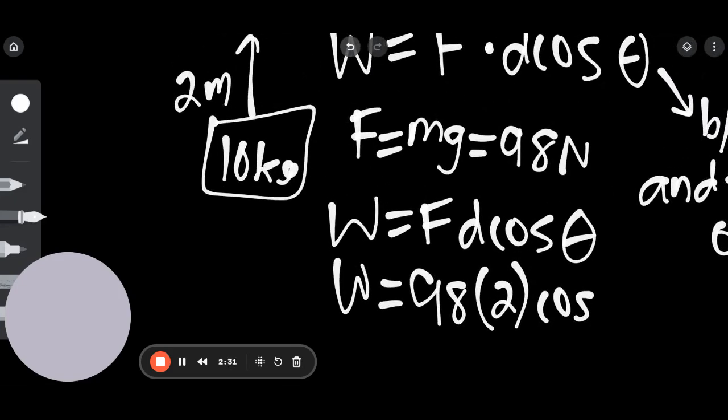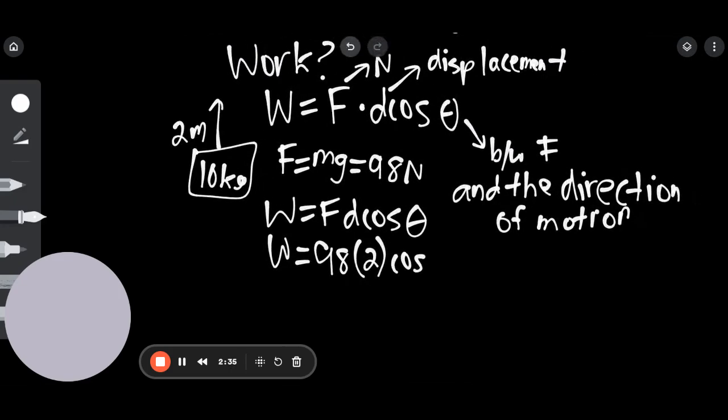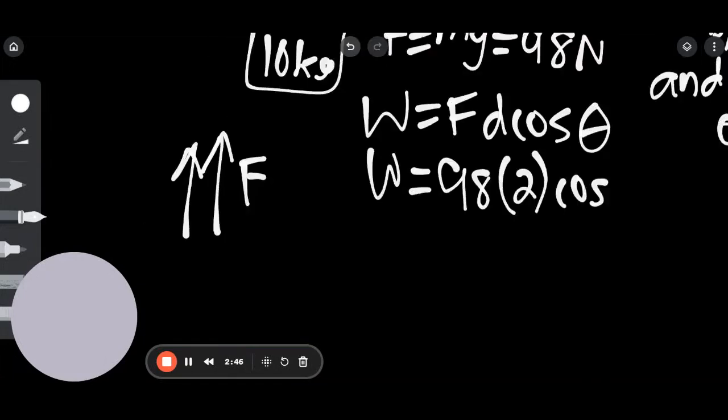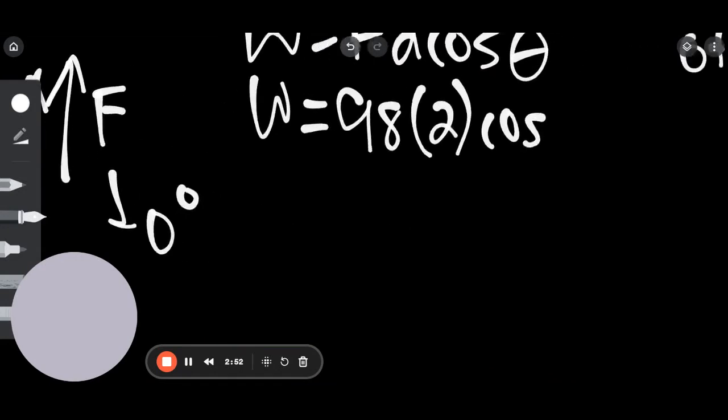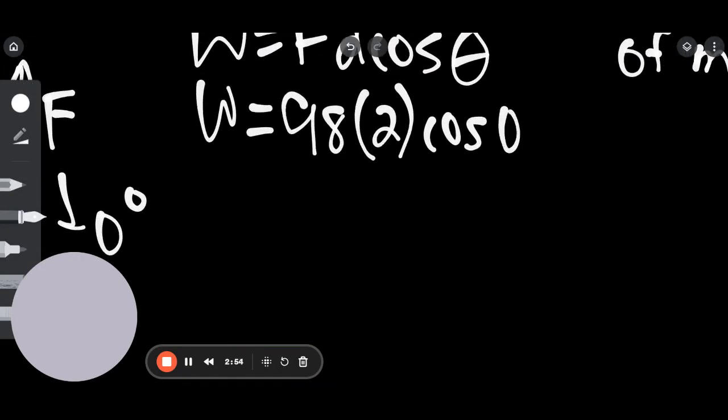Well, the direction of motion is upwards, and given that theta is between the force and the direction of motion, what is the angle between the two? The angle is 0 degrees, right? So what is cosine of 0? Cosine of 0 is just 1.